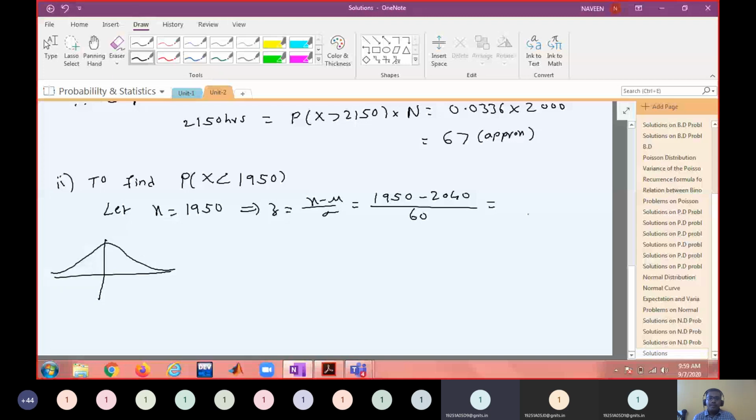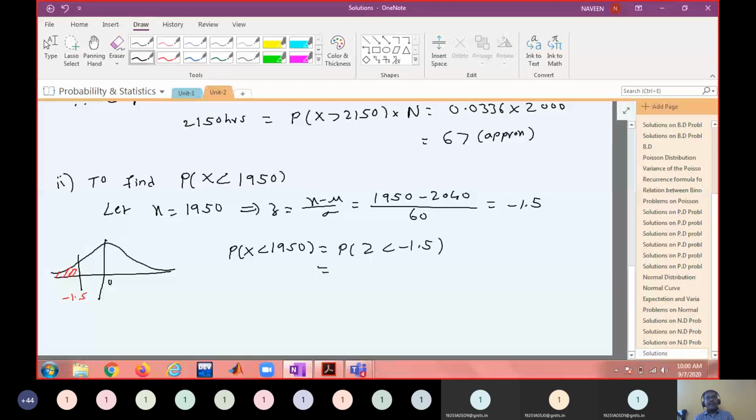The value is minus 1.5, which is somewhere here. Less than means left tail, greater than means right tail. We are asked to find the probability that x is less than 1950, which means the probability that z is less than minus 1.5.